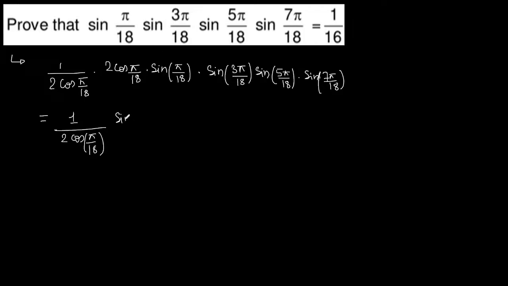This is sin 2 pi by 18, and if we have sin 7 pi by 18, we can see that 7 pi by 18 will come here. We have sin 3 pi by 18, sin 5 pi by 18.